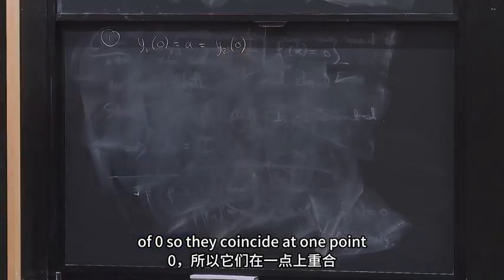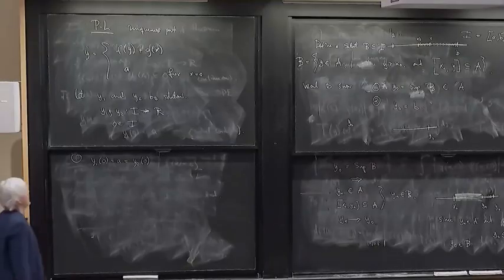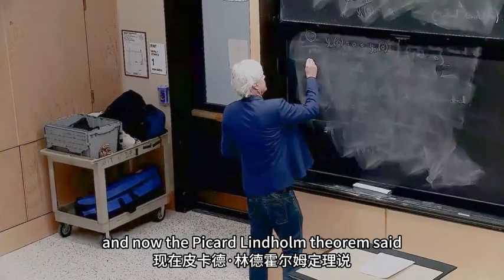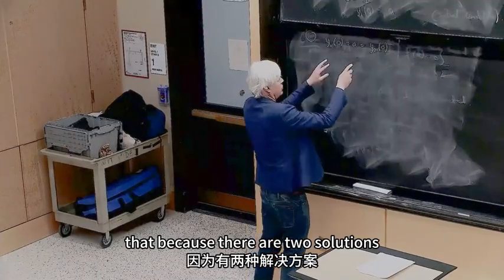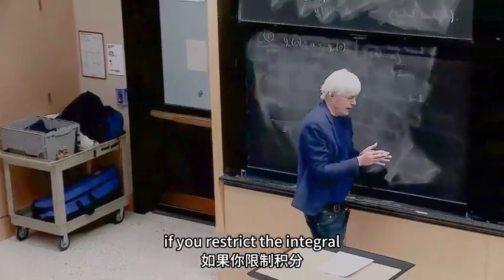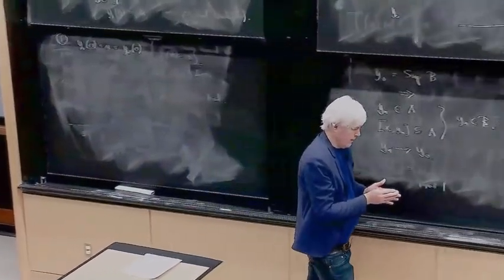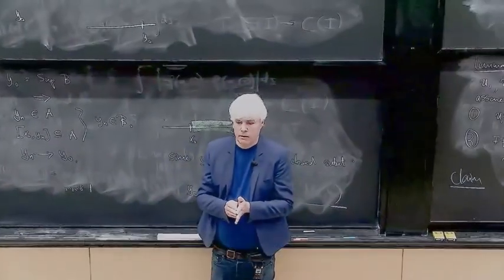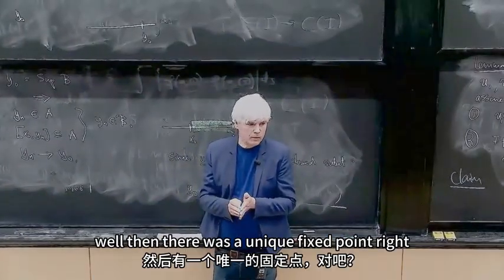So they coincide at one point. And now the Picard-Lindelöf theorem said that because there were two solutions, if you restrict the interval to a little interval around 0, then there was a unique fixed point.